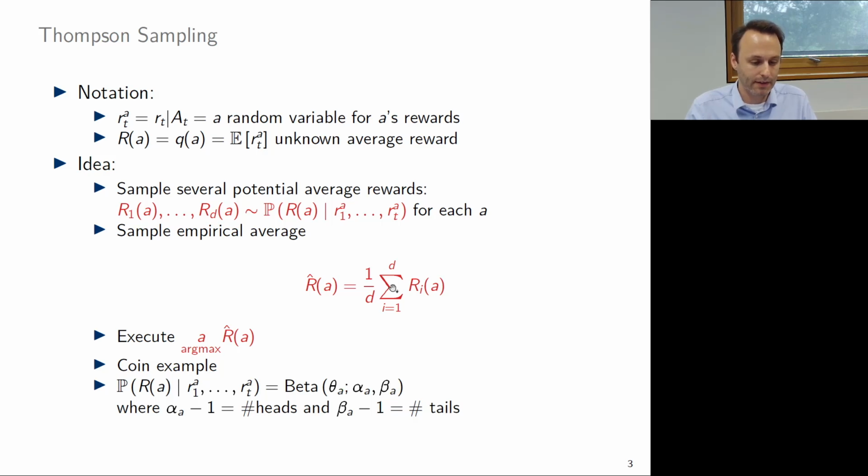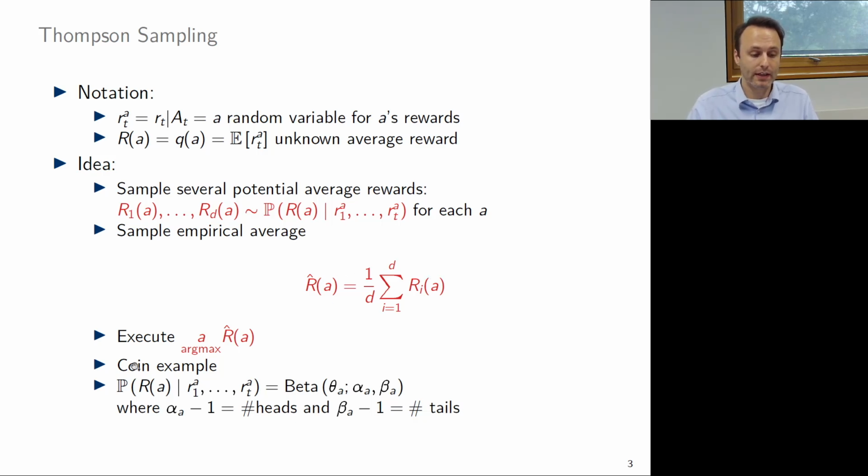If we want to look at coins, then we can think about the probability with which a coin shows a head versus a tail, and that coin might be biased, so it might not be 50-50, it might be some success rate that we don't know, and we want to estimate this.